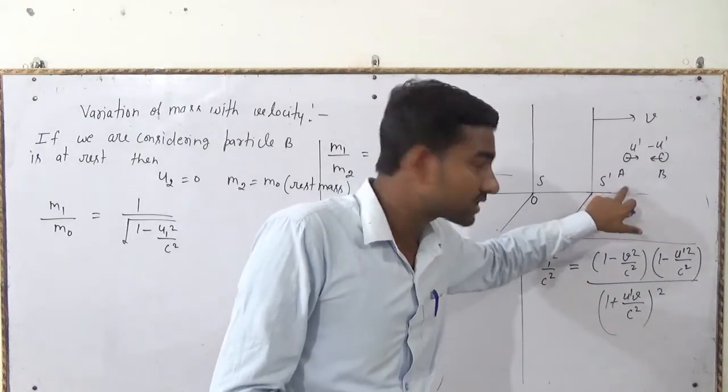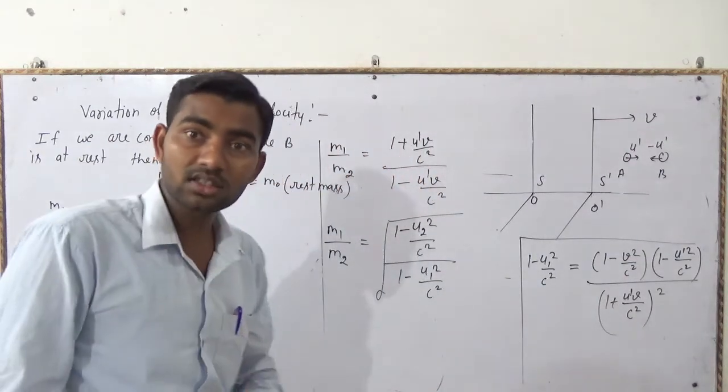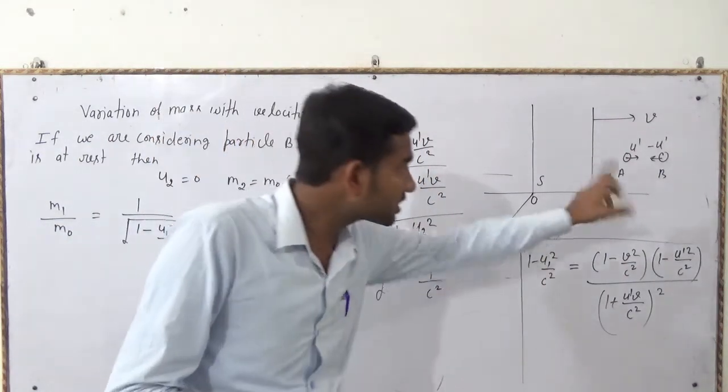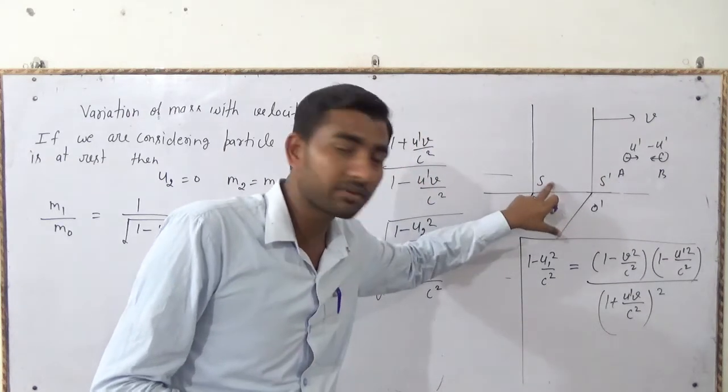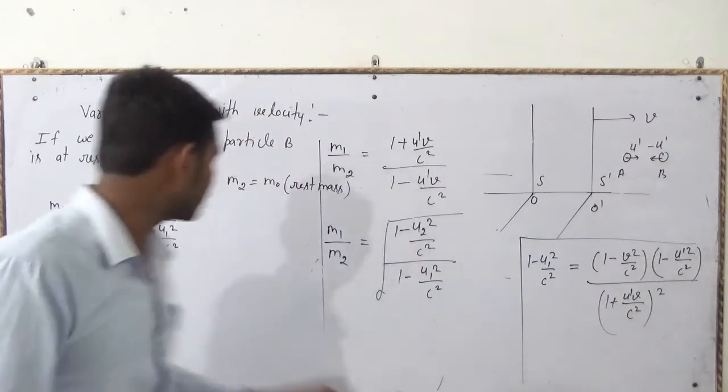And if this particle A is moving, then what is the velocity of this particle? If this particle is moving with respect to frame S, then the velocity of this particle will be u1.